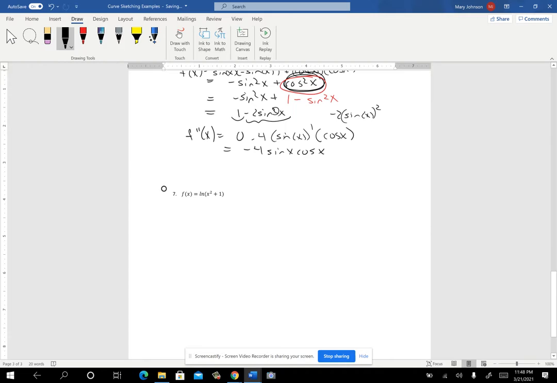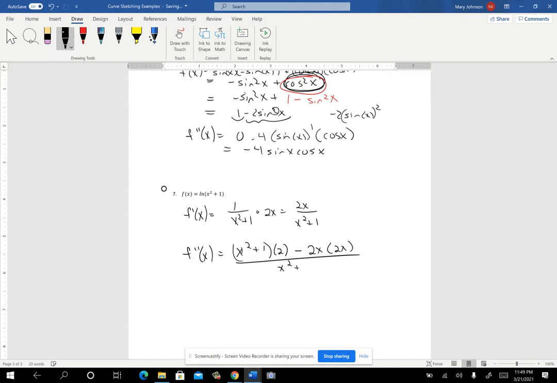Right, and then finally on number 7, first derivative would equal 1 over x squared plus 1 times the derivative of the inside part. So it's 2x over x squared plus 1. And then second derivative would be low times the derivative of the high minus the high times the derivative of the low over the low squared.